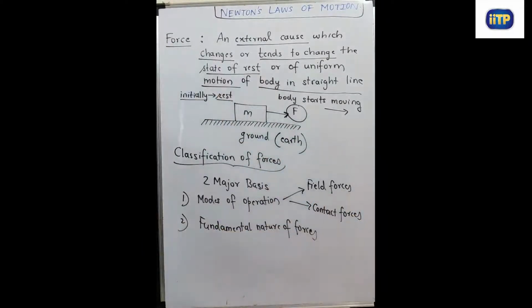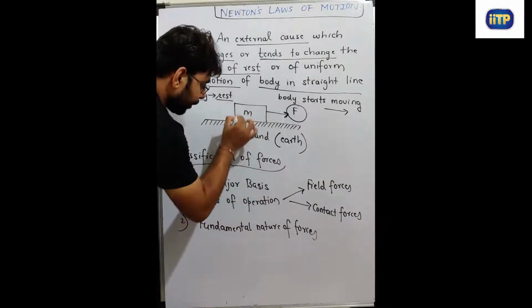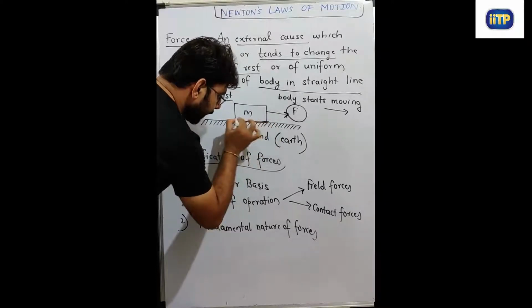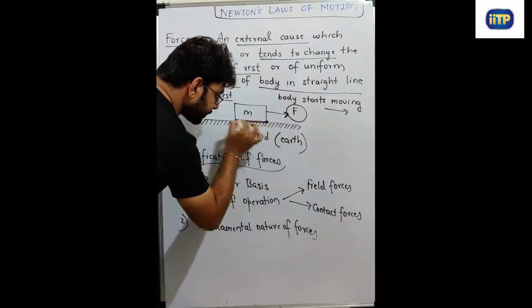Now what is field force? Field forces are those which do not need any physical contact, like gravitational force, electromagnetic force. We will study electromagnetic in later chapters. Contact forces are those forces which need physical contact. For example, please pay attention here. This body is touching the ground at this particular surface.